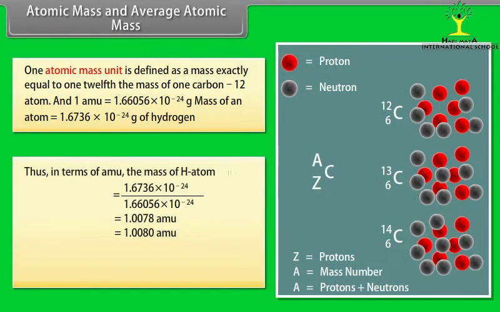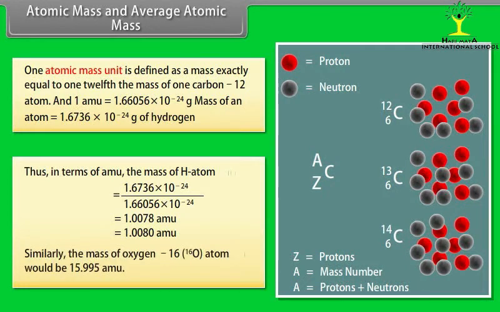Thus, in terms of AMU, the mass of an H atom is equal to 1.6736 × 10^-24 divided by 1.66056 × 10^-24, which is equal to 1.0078 AMU, which equals 1.0080 AMU.